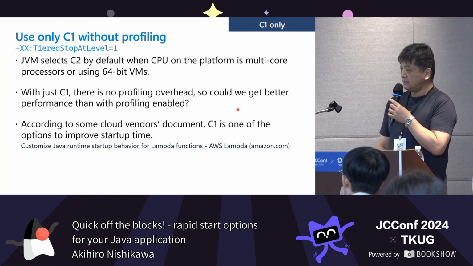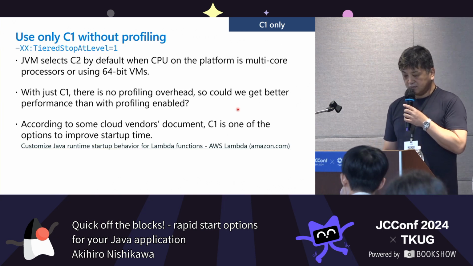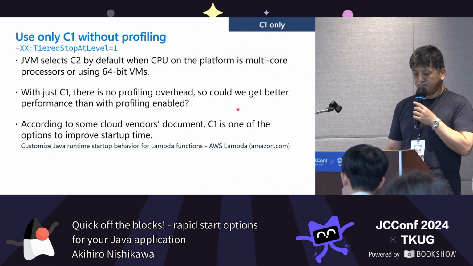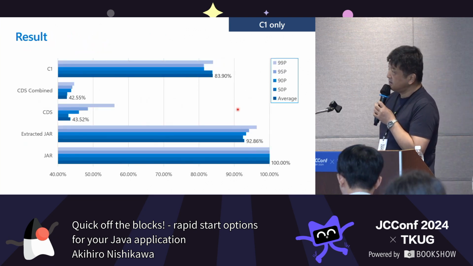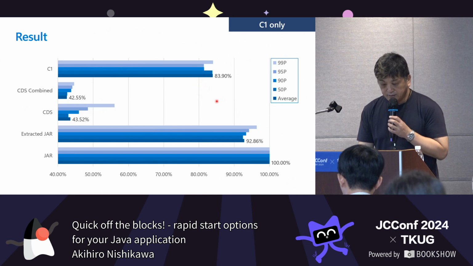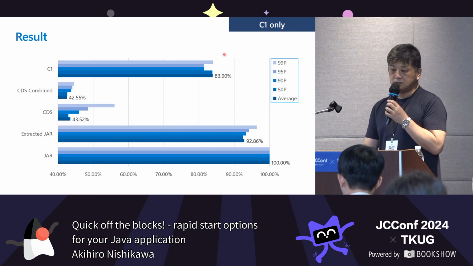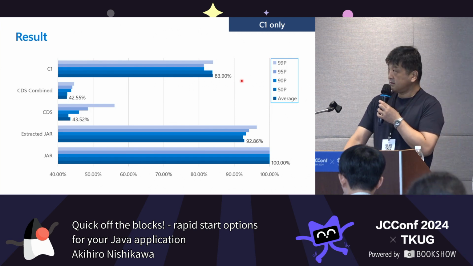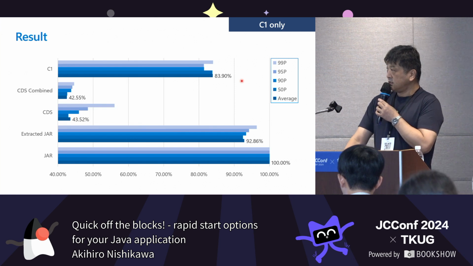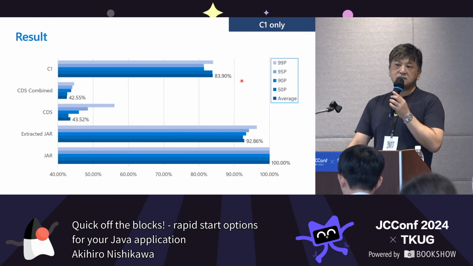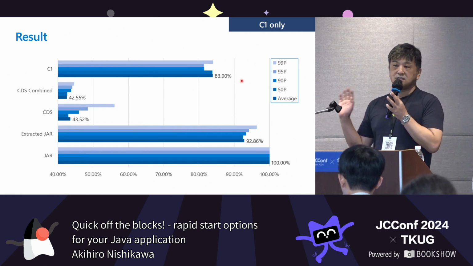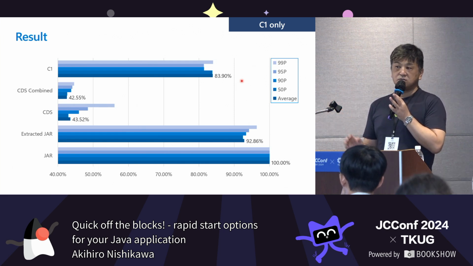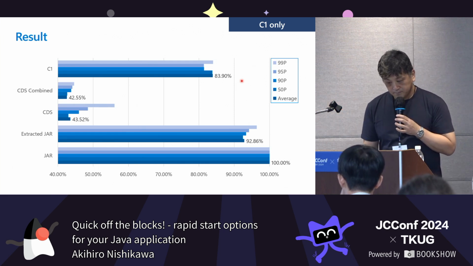Let me share the benchmark results of C1. 84% against the base jar file results. So class-file-based CDS performance is similar to this result.